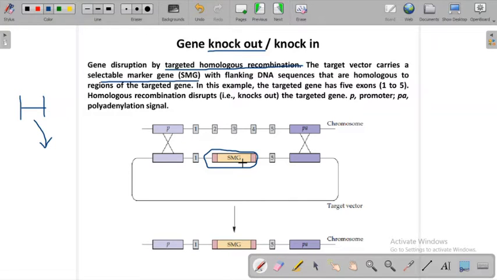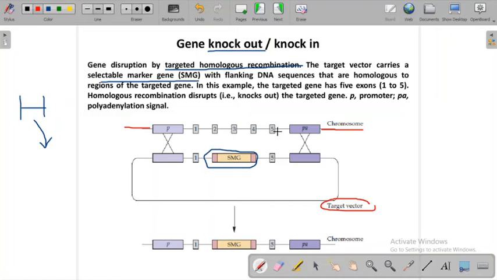So this is the target vector, as you all know. Here is the chromosome site. The first one is the chromosome.